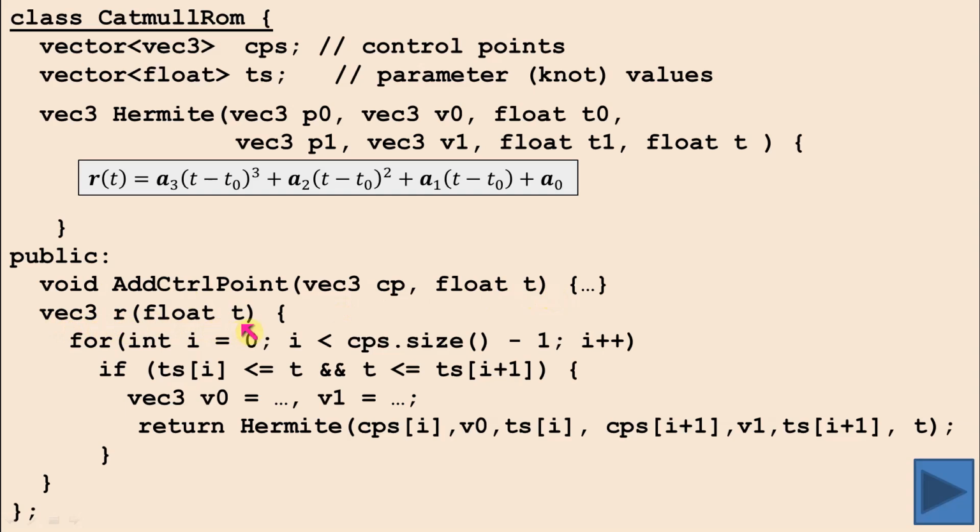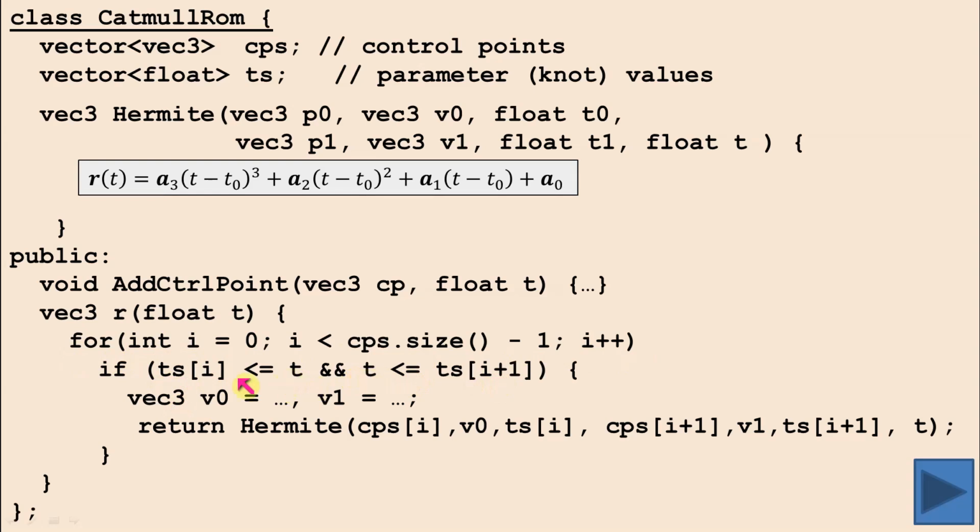The other important member function is the evaluation of the r(t) function to compute a point that corresponds to parameter t. First of all, we have to identify the curve segment that is valid for the given parameter t. So we have to test knot intervals for inclusion of the current t parameter.